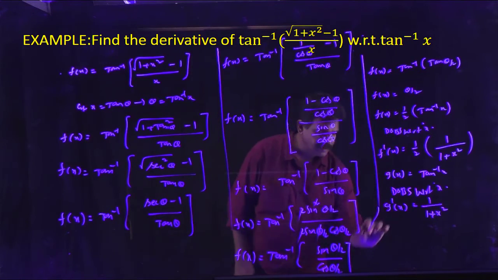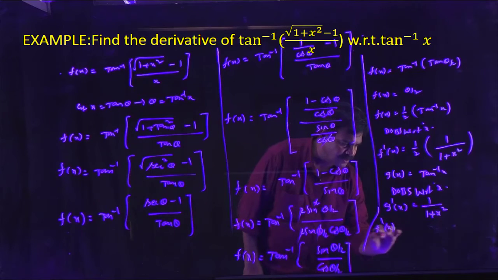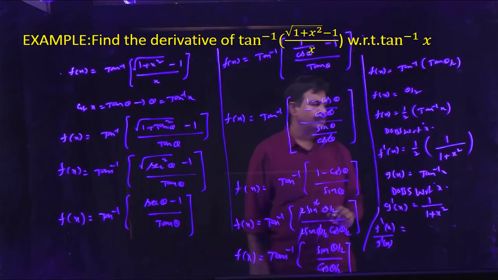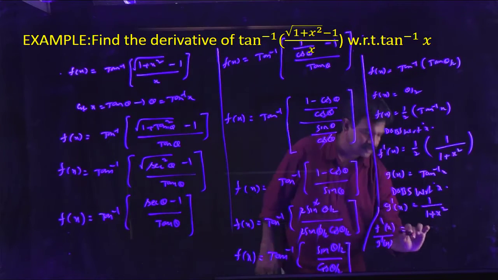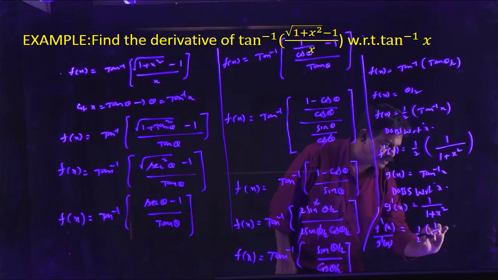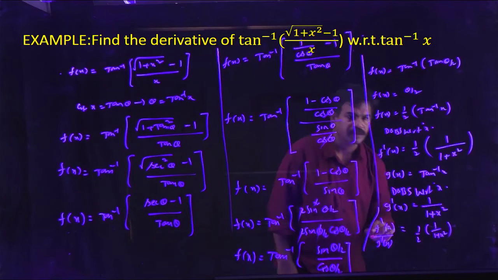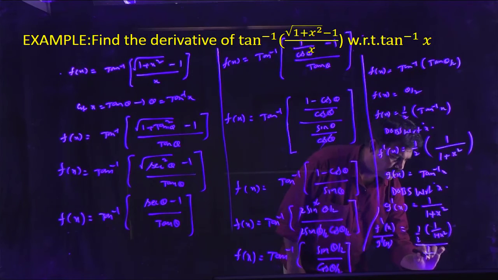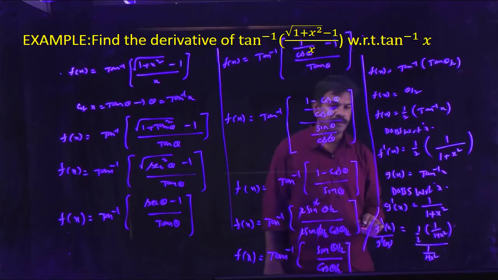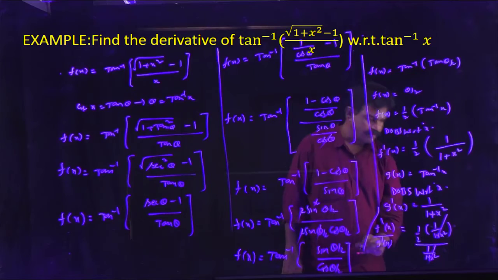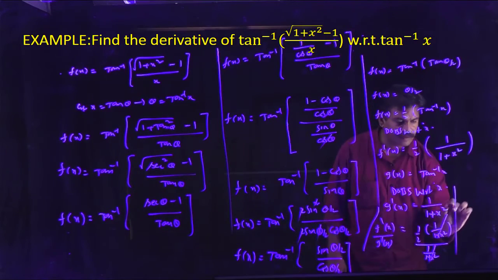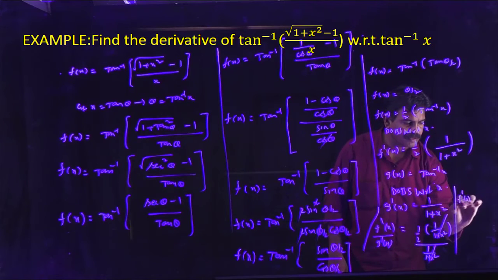So we take f dash x by g dash x is equal to, we know the value of f dash x is 1 by 2 into 1 by 1 plus x square, by 1 by 1 plus x square. 1 by 1 plus x square, 1 by 1 plus x square cancel. That is f dash x by g dash x is equal to 1 by 2.